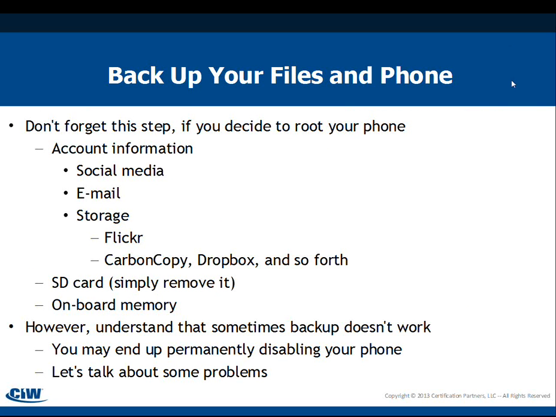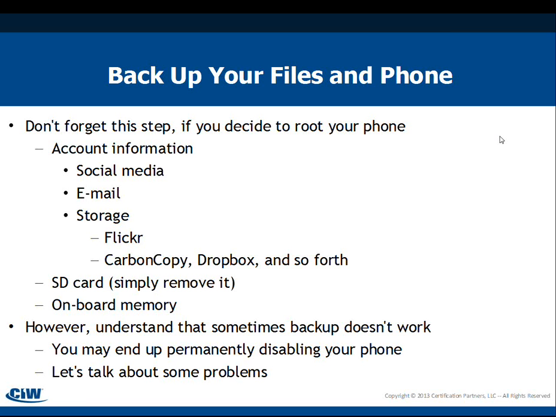So something to emphasize. When it comes to rooting and jailbreaking your phone, please don't forget the steps. If you decide to root your phone, back up your files. Back up all the phone information, your account information, social media, email, storage, Flickr, Carbon Copy, whatever you use, back up that information. Your SD card, you can remove that so it doesn't get damaged. Remember, there's onboard memory.